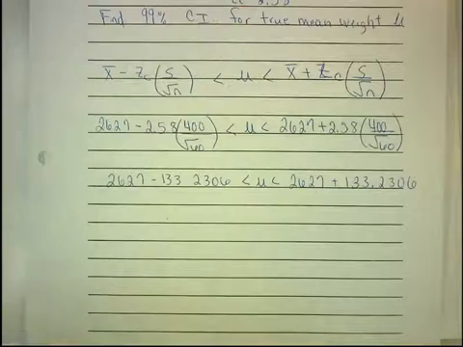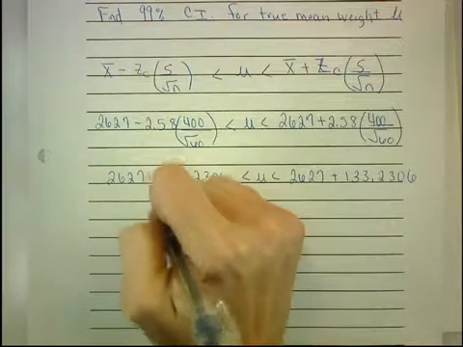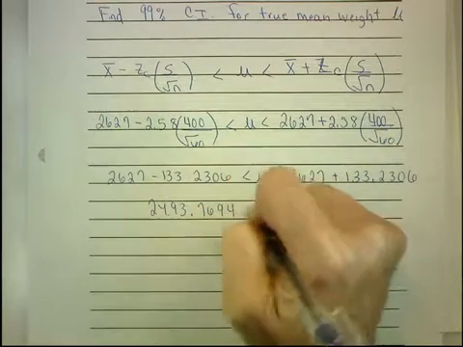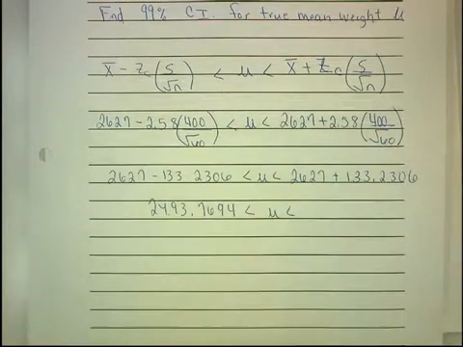Subtract from. That is 2493.7694. That's a 4.